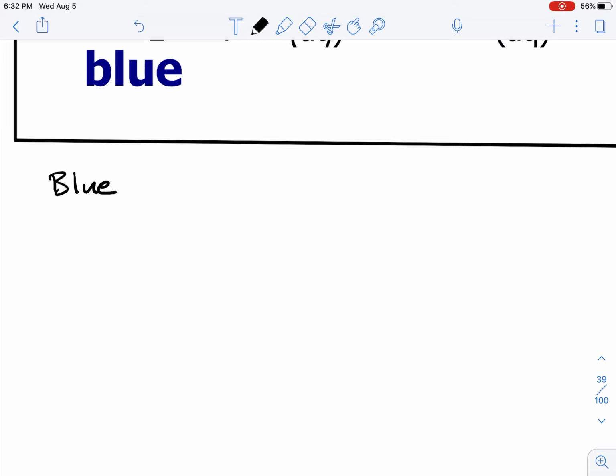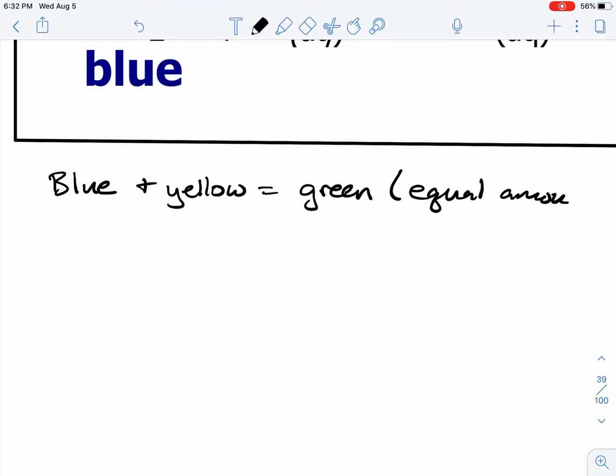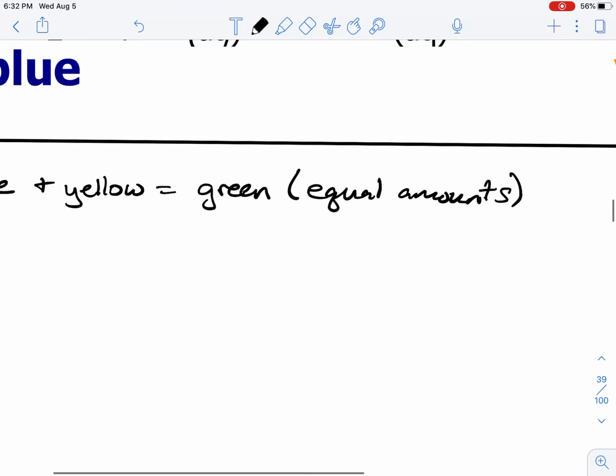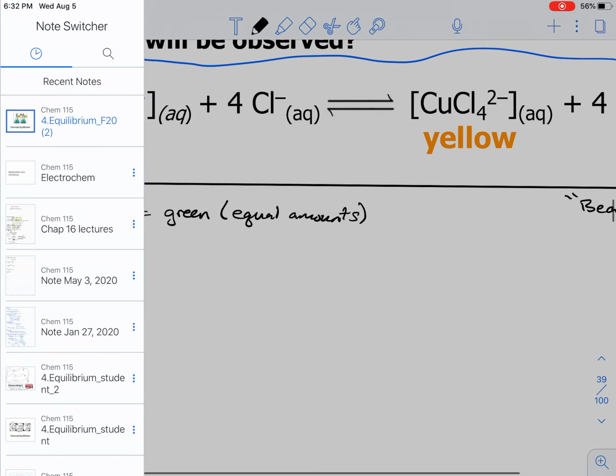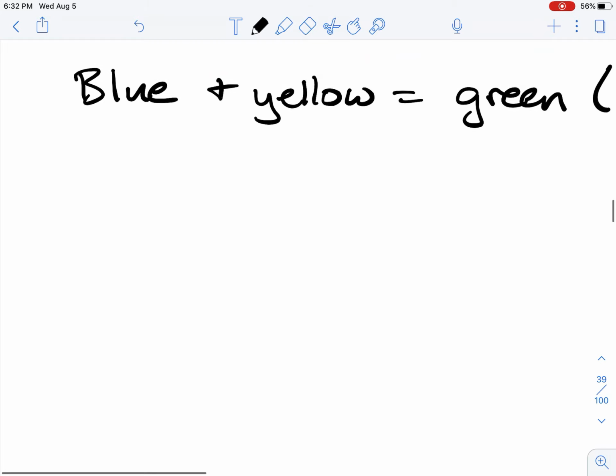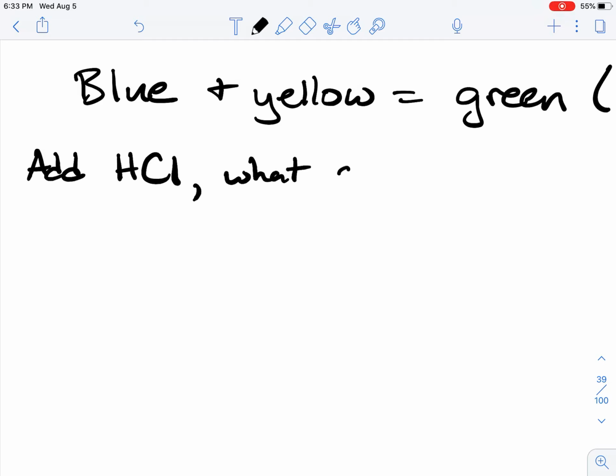Blue plus yellow makes green, and that's telling us that we have equal amounts of the reactant and product. All right, and so if we add hydrochloric acid, HCl, what color will be observed?